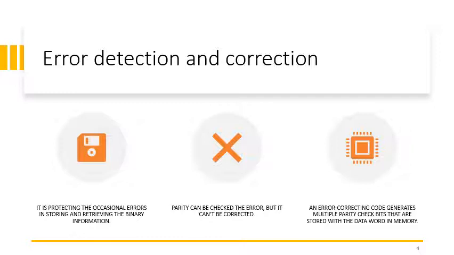Reliability of the data means that whatever we have stored should be there and can be retrieved after some passage of time in the same way in which we stored it. If there is any sort of change or loss in the data, then we can say that the data is not reliable, that it is faulty or has some errors. So we do have some error detection and correction schemes.